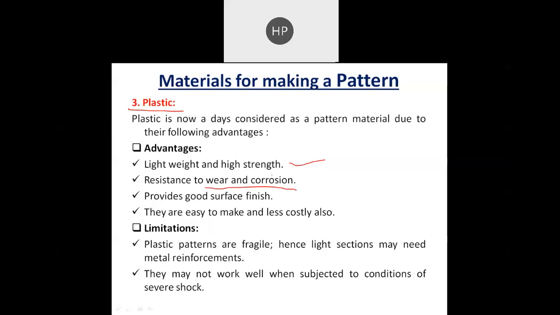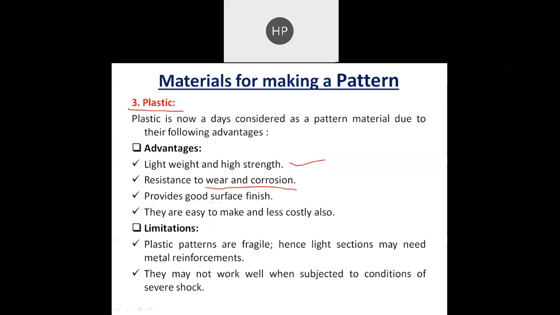Due to its strength, it will not easily wear out, and we know that it is corrosion resistant, so any chance of metal loss from the surface in case of metal or in case of wooden is totally eliminated in the case of plastic.